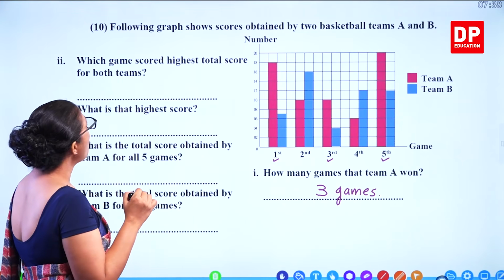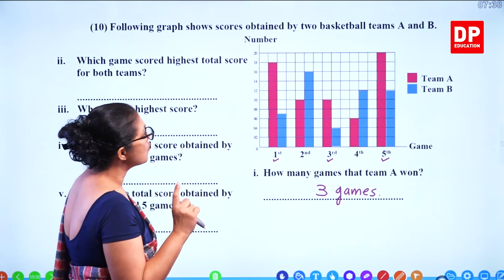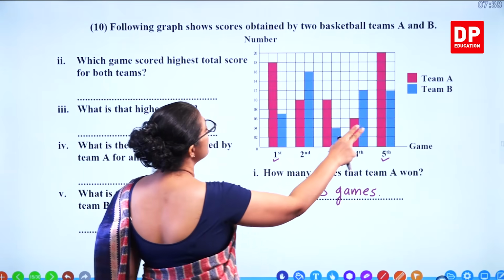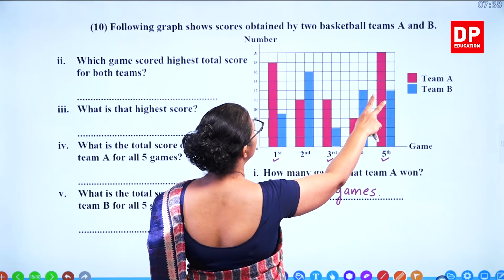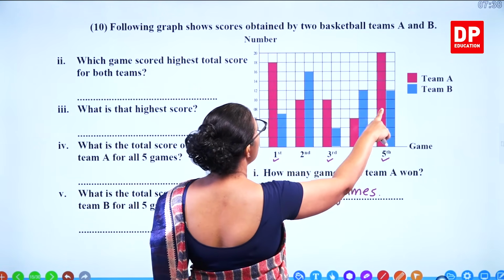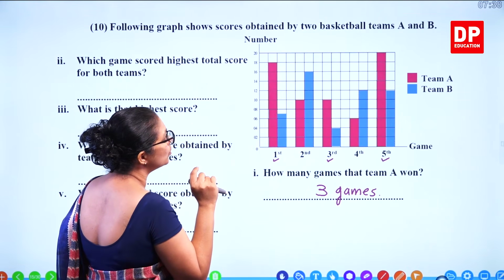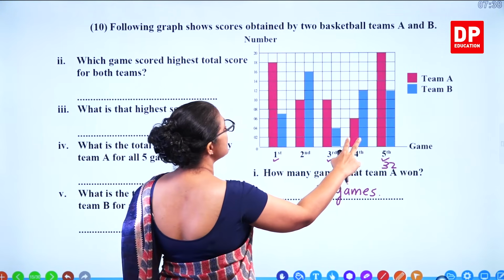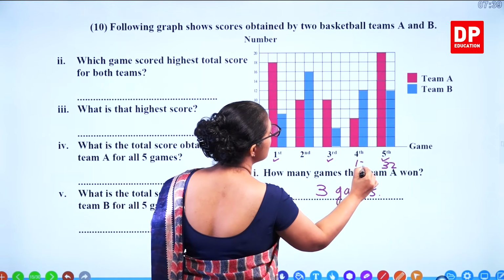Which game had the highest total score for both teams? So both teams' higher score. Look at this one. This is a little bit lower than that. Here these two are high. Fifth game, so 20 and 12. So 20 and 12, 32. So we'll check. This is 32. What about these two? 6 and 12, 18 here.